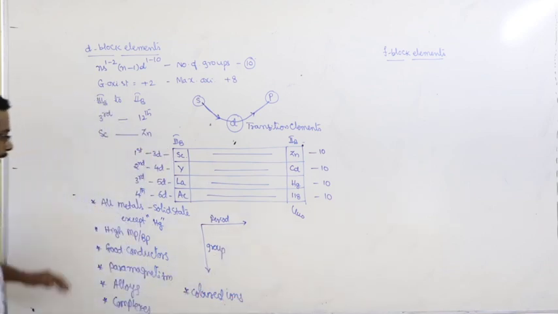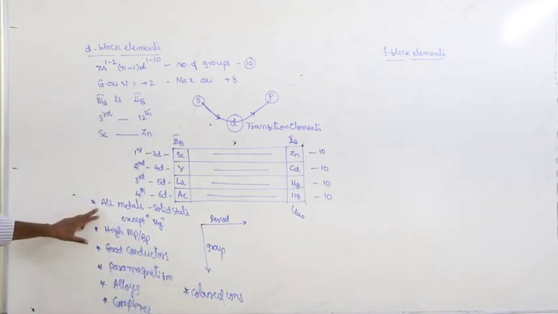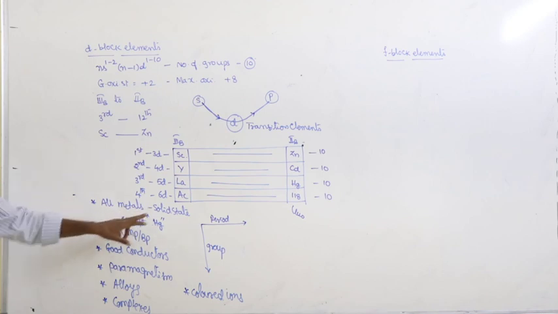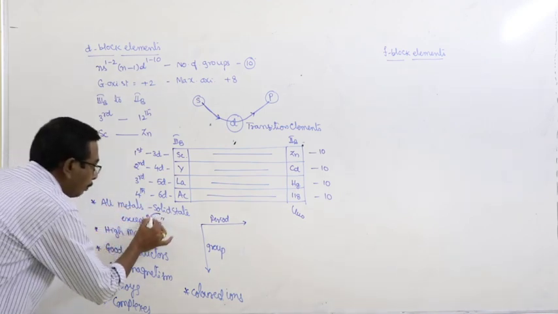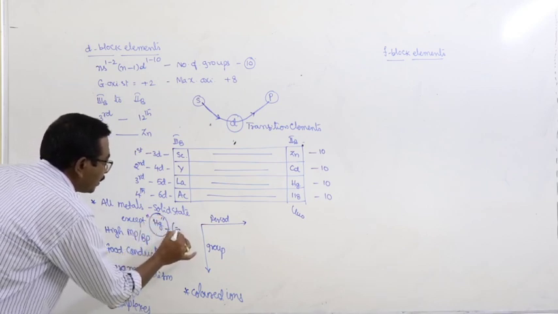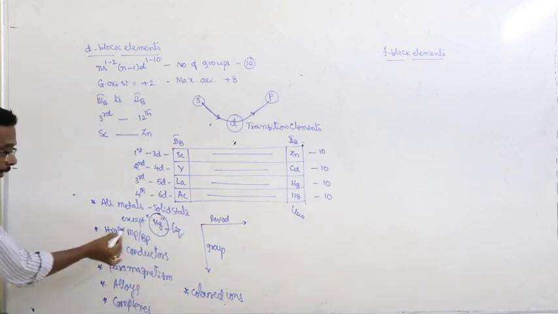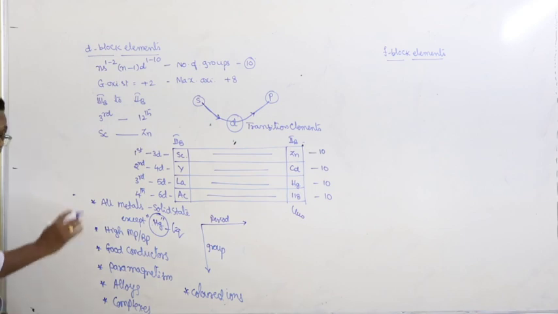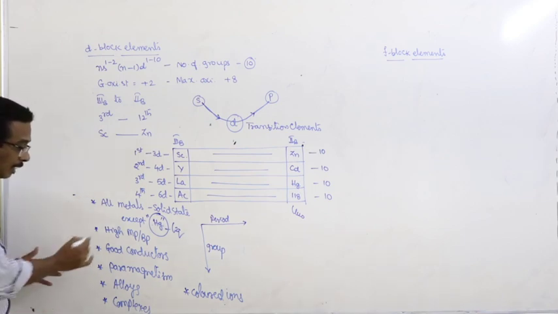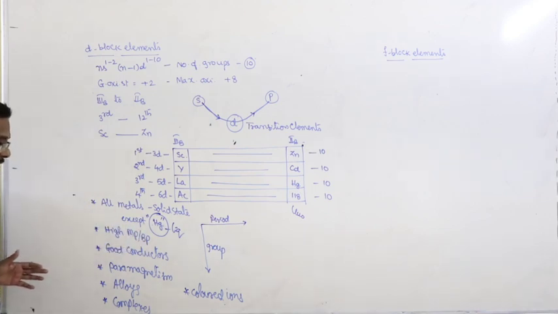I am repeating once again. All the d block elements are metals and exist in the solid state except mercury, which exists in the liquid state. They have high melting points and boiling points. They possess metallic luster and are good conductors of heat and electricity. They exhibit paramagnetism.